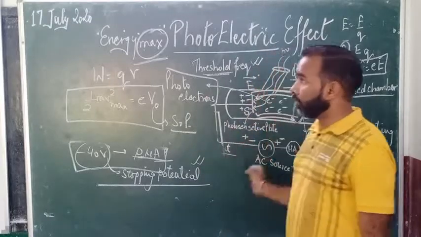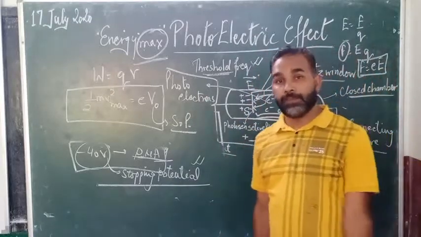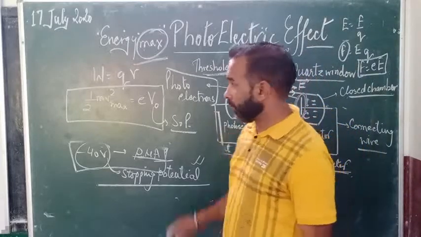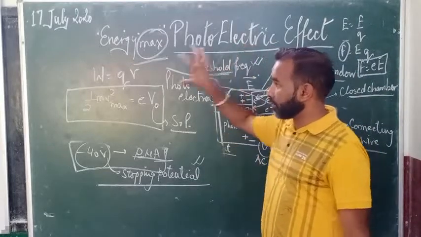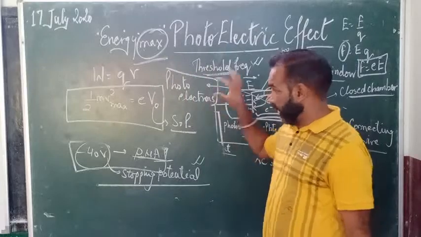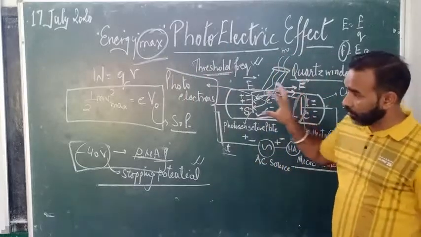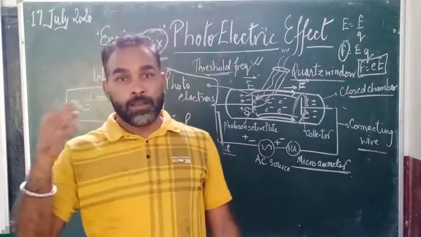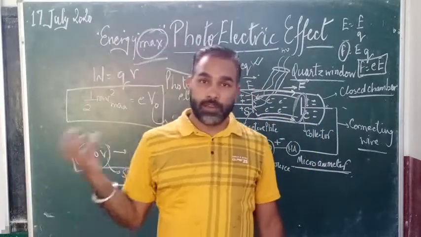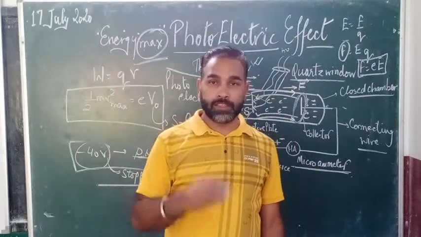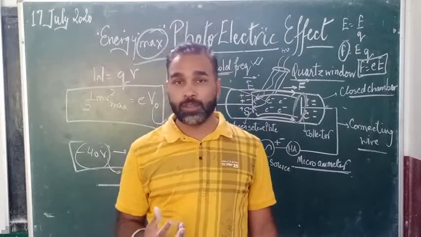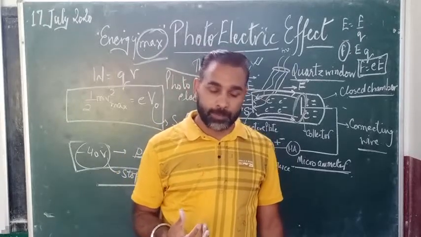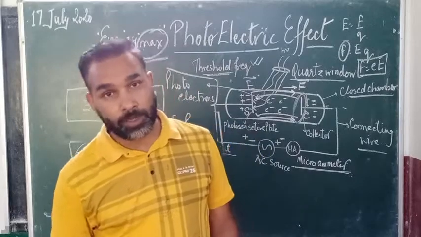So this is all about your photoelectric effect. In that particular effect, we discussed Lenard's experiment, the experimental setup. We discussed how the current is generated, how the current value becomes constant and how the current value becomes 0. And at 0, the potential applied to the experimental setup is known as stopping potential.